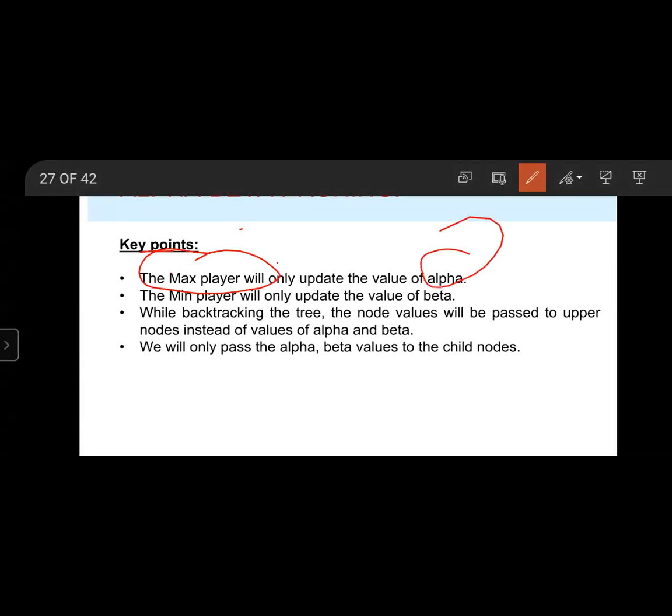The min player will only update the value of beta. While backtracking the tree, the node values will be passed to upper nodes instead of the values of alpha and beta. And step 4, we will only pass the alpha beta values to the child nodes.